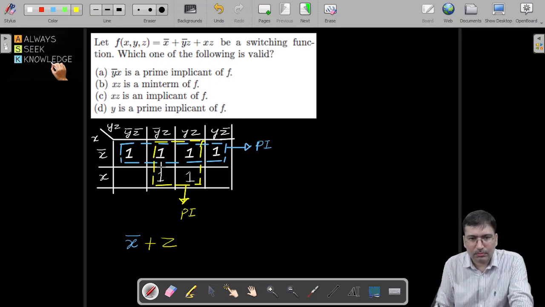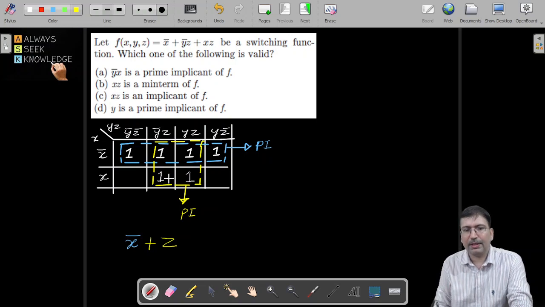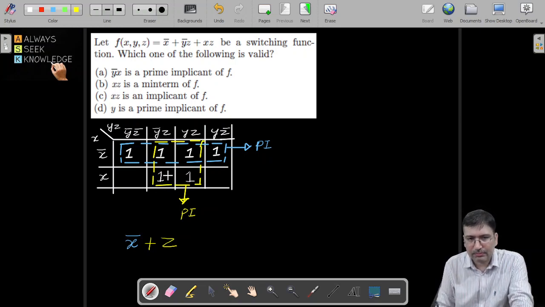So you tell me whether it is a prime implicant or not. You can treat it as, because this one doesn't have any other pairing, so it is an essential prime implicant, right? Y bar x is present here only, there is only one. It is asking whether it is a prime implicant or not, right?